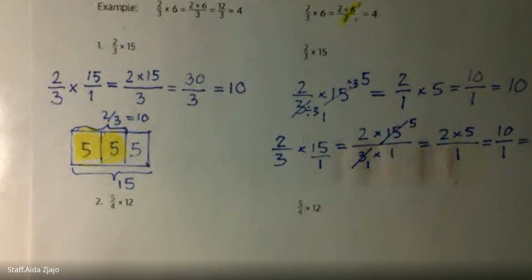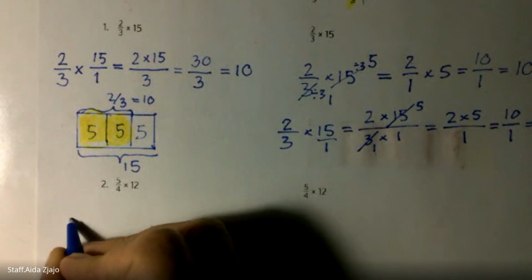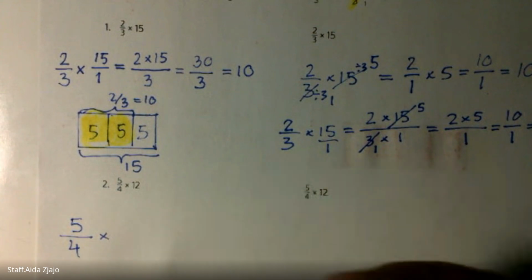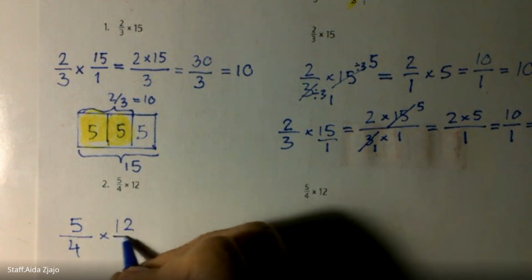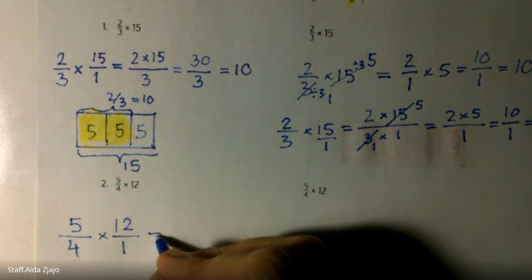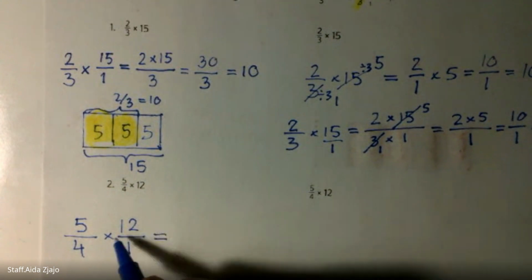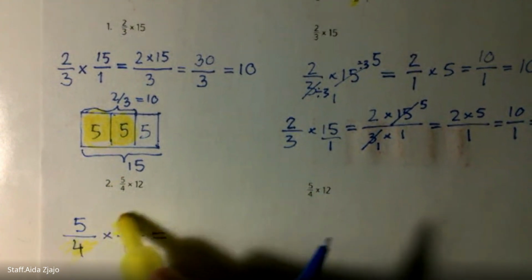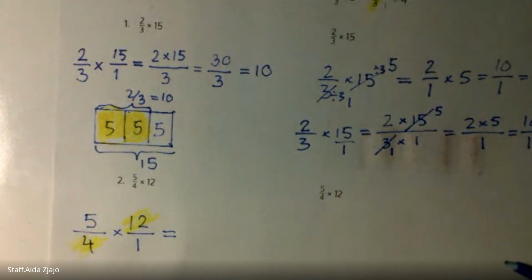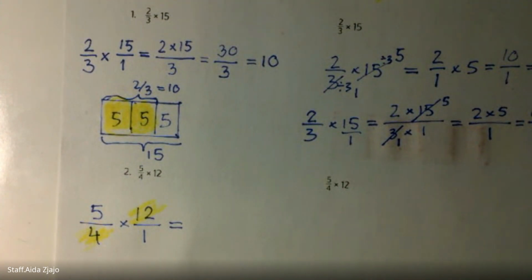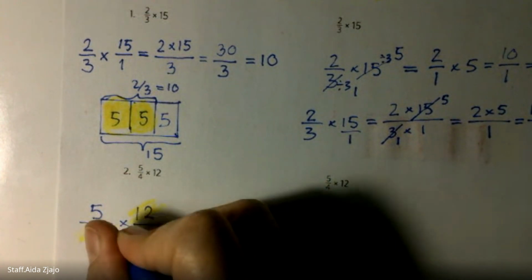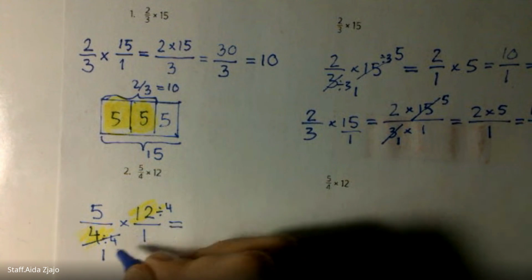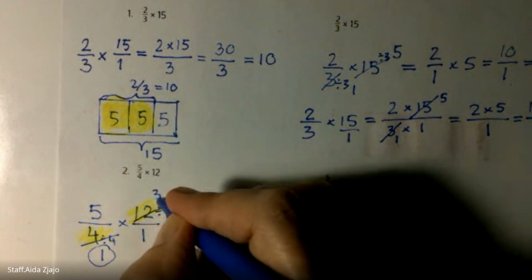5/4 of 12. I'm going to change 12 into a fraction, and I can think across the 4 and the 12: they have the same greatest common factor, which is 4. We can divide both by 4, and we get 1 here and 3 here.